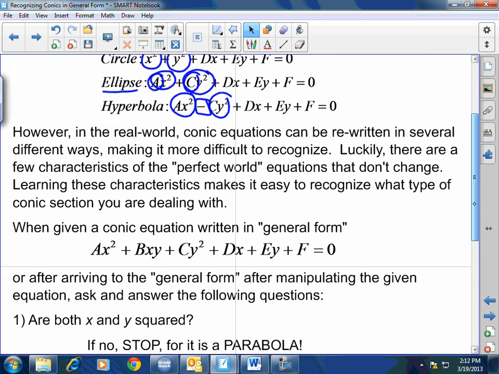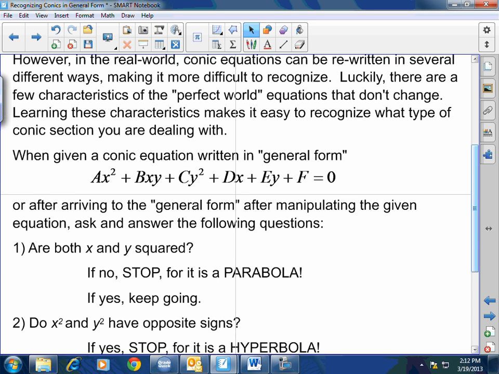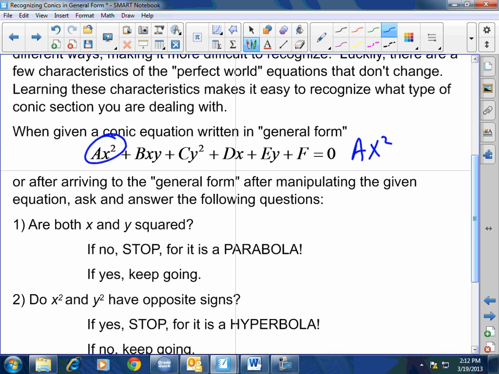So, given the conic section equation, ax squared plus bxy plus cy squared plus dx plus ey plus f equals 0, or after arriving to that general form, after manipulating the equation, sometimes they won't put it pretty like that. Maybe they say ax squared is over here, and you got to subtract it to both sides to make it into the general form.